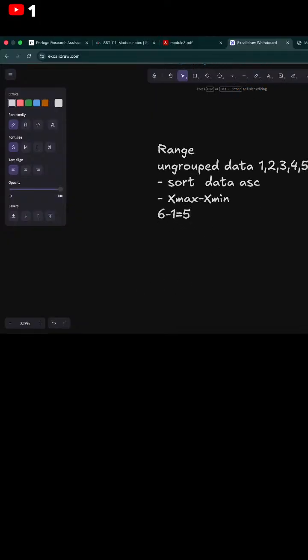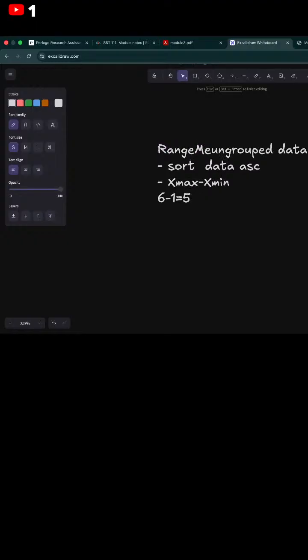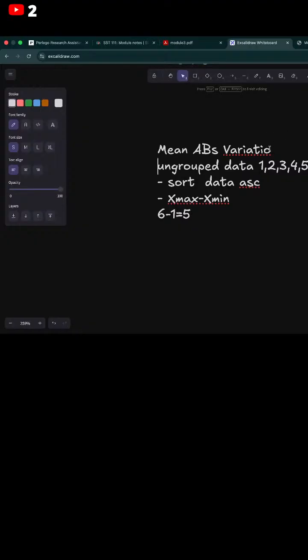When you're doing mean absolute deviation, step one you need to do is to calculate the mean.